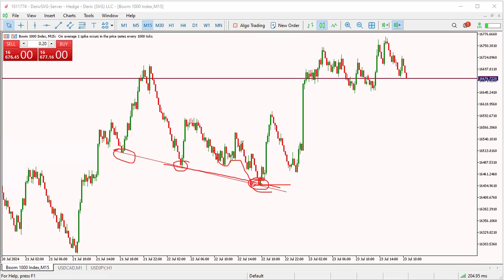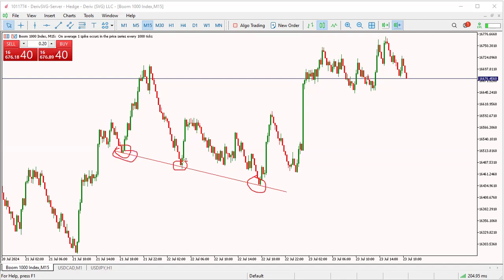All right, thanks. So what I was saying, to get spikes, you use the traditional trading style of support and resistance. In this case, this was a support, this was a support, this was a support. If you are to trade spikes, you wait for the third touch on the support.